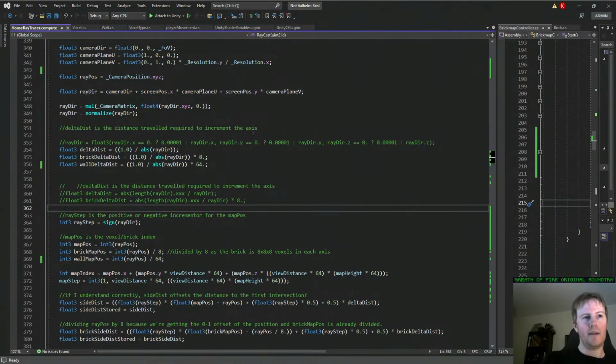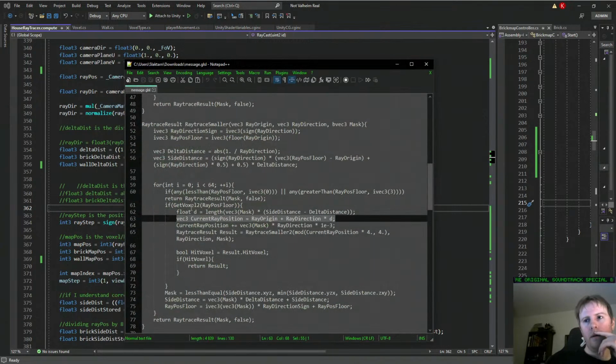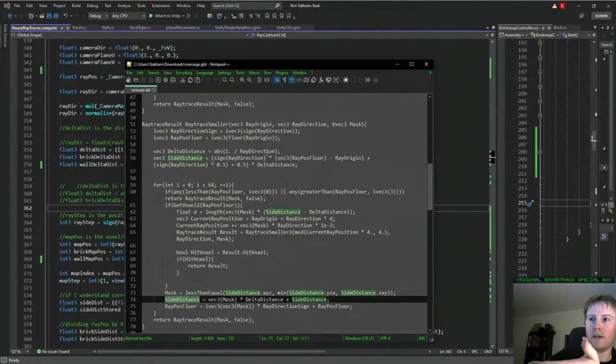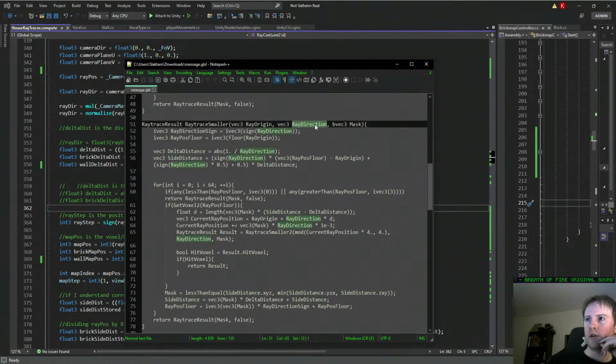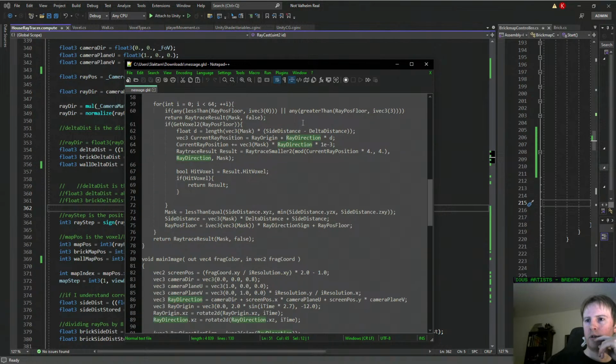Vector 3 side distance equals ray direction. Yeah, he recalculates the side distance every time as well, it seems. Because here he gets a ray direction, or he sends in a ray direction.